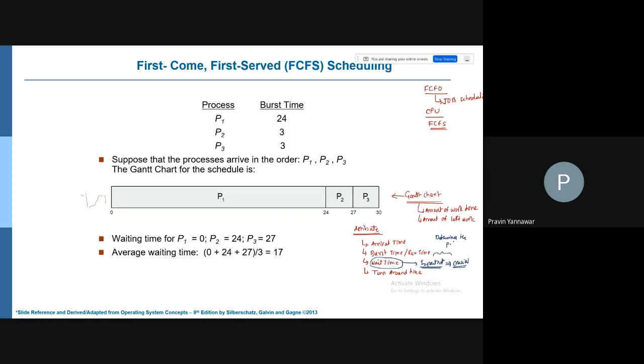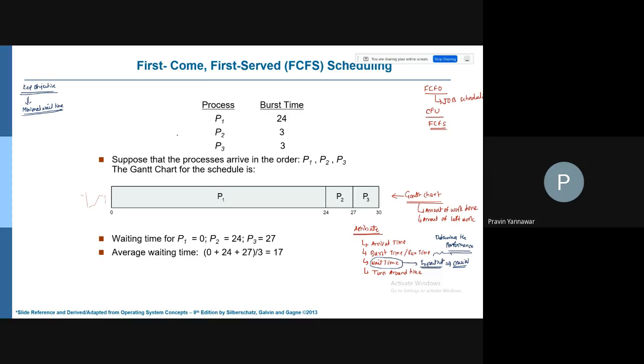So our key objective with the short-term scheduler is that you need to schedule a process in such a way that the process has minimal wait time.